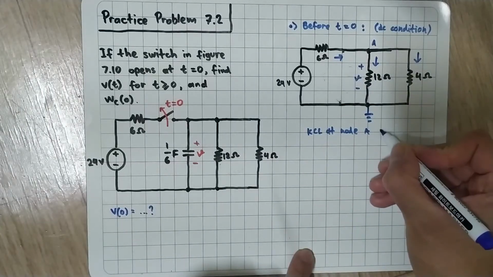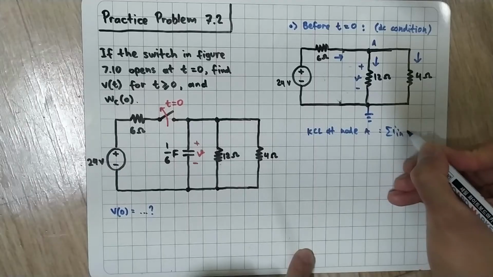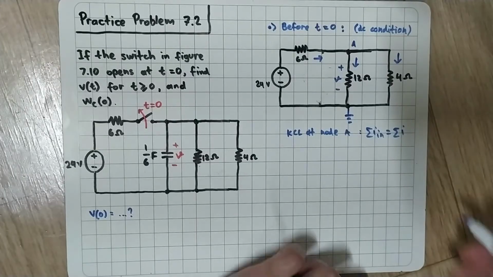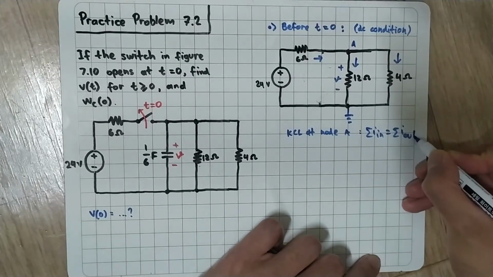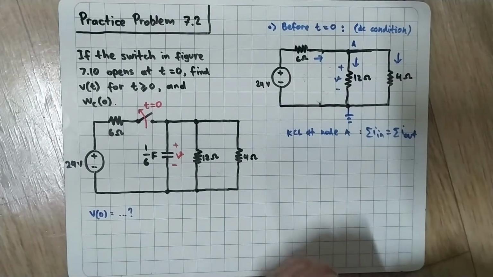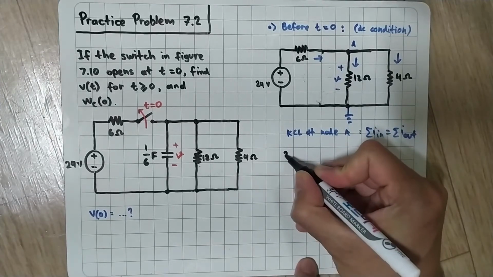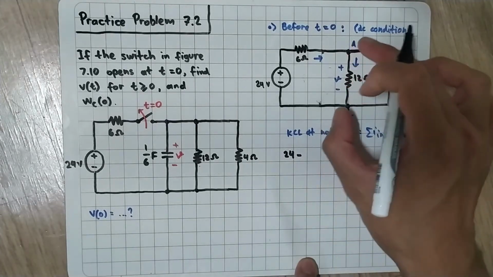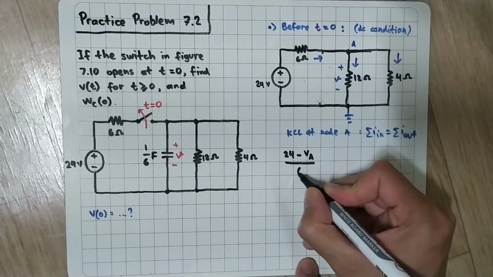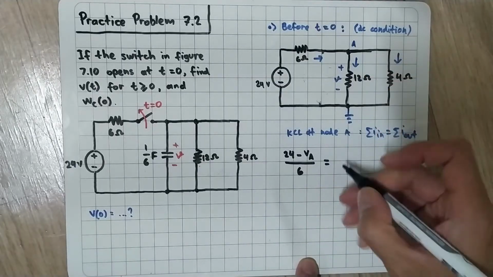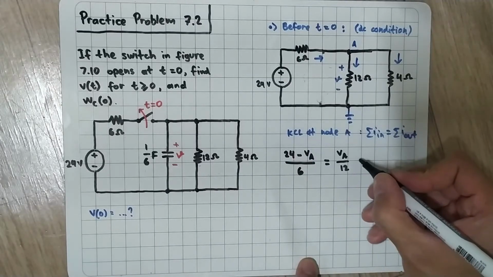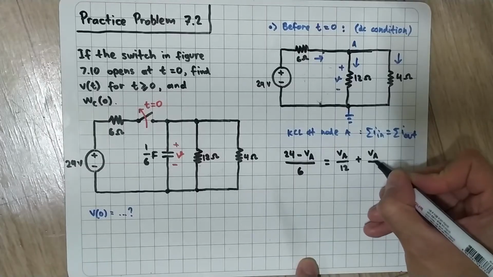KCL says the sum of the current that goes in is equal to the sum of the current that goes out. The current that goes in is this current here, which is (24 minus VA) divided by 6, and that will equal VA divided by 12 plus VA divided by 4.